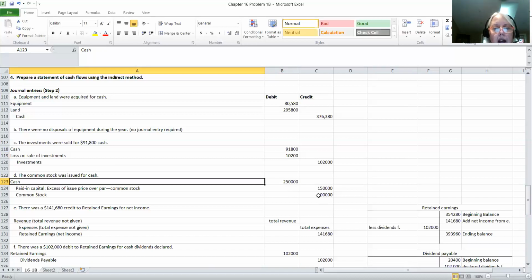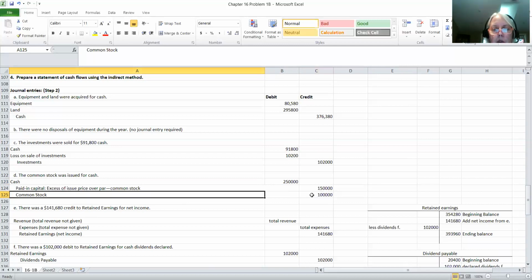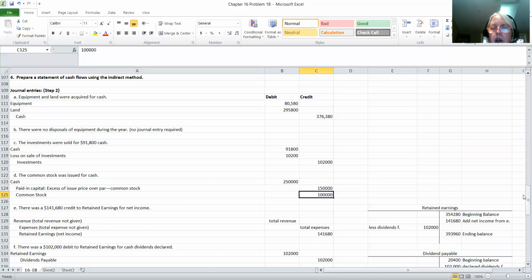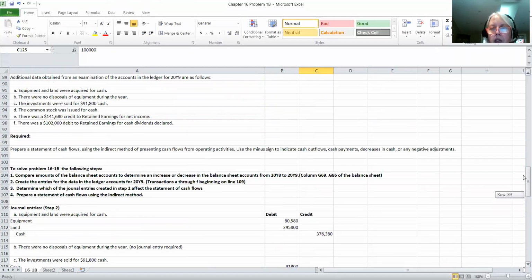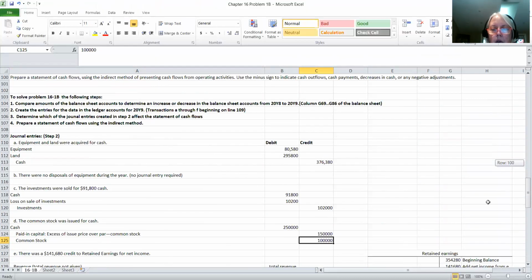The common stock account would be credited for the par value of that stock. If you look at your balance sheet, the difference between the par values is $100,000. So we are going to increase our common stock by $100,000.